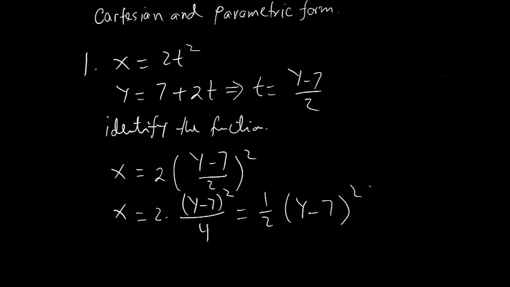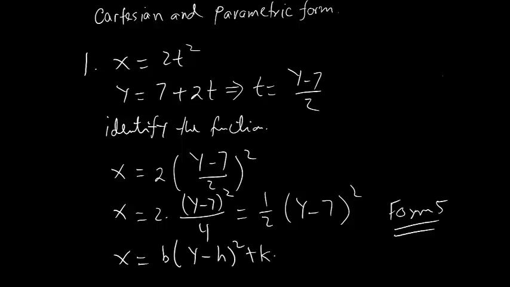Now if you compare, you can see that this one I have mentioned in number 5, form 5. So compare with form 5, like x equals b times y minus h squared plus k type. If you compare, you can say that b is 1/2, h is 7, and k is 0.